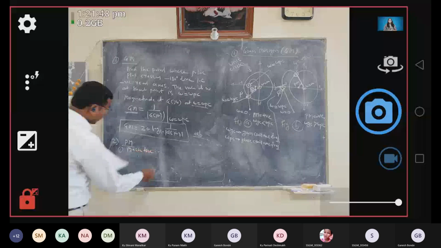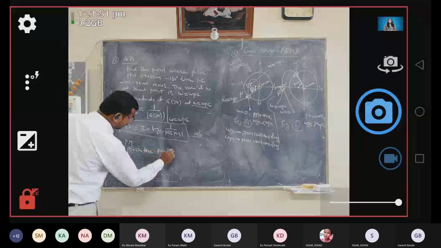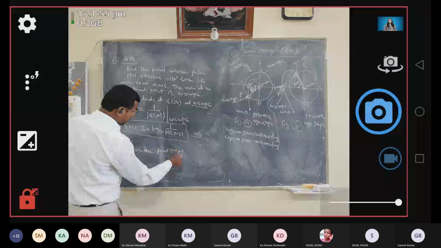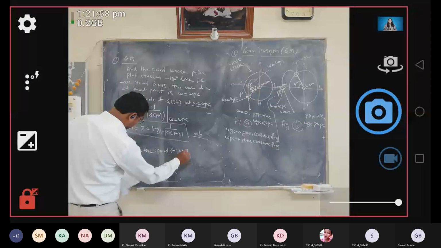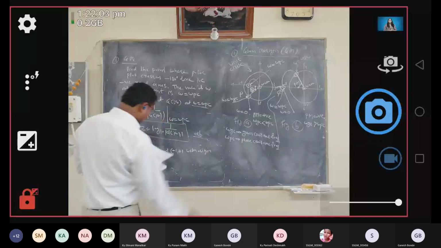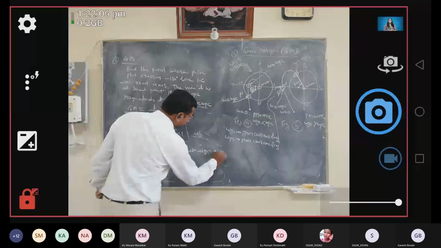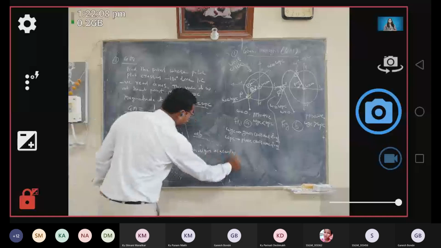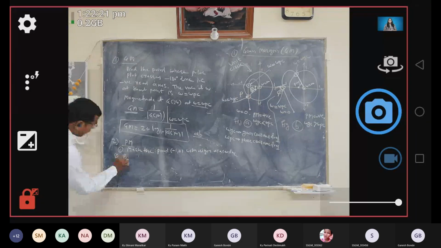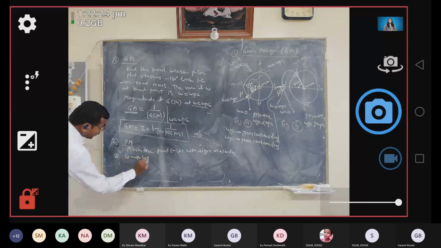Mark the point -1, 0, that is the critical point, with the origin as a center. Okay, then find the value of omega equal to omega GC.